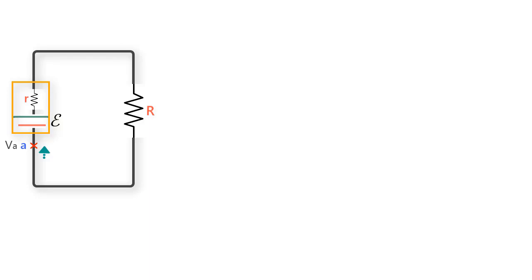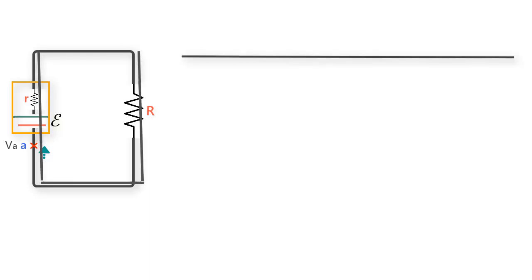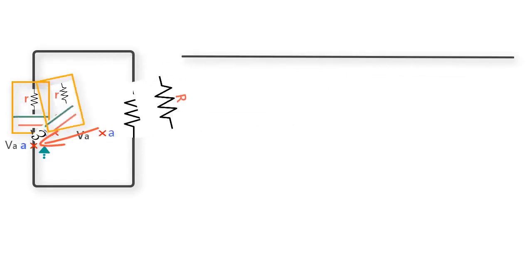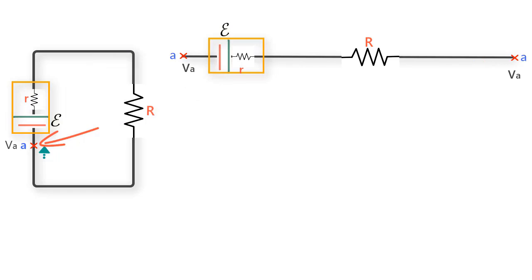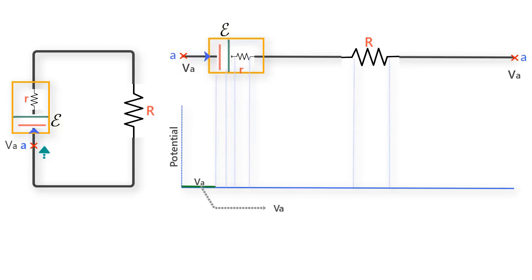So this time what we'll do is stretch the circuit into a straight line as if it has been cut at this point and laid out straight. So let us say point A is at potential VA, then as we move to the right past the battery, there is a gain in potential since we're moving from negative to the positive terminal of the battery.